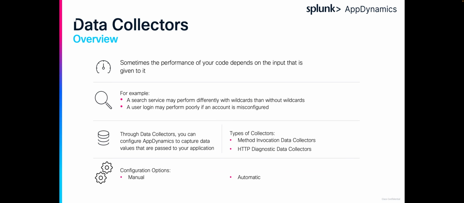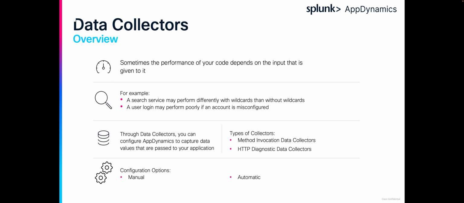Now, if you have specific performance triggers that pop up and it's because it depends on the input given to it by a customer, then you wouldn't have any other way of knowing unless you start correlating maybe logs or things like that.